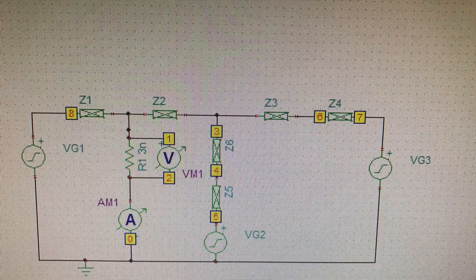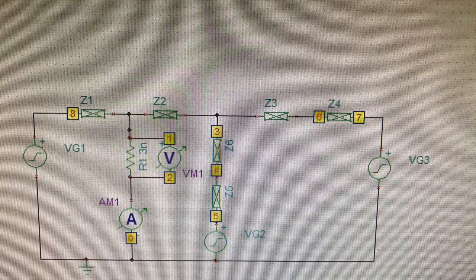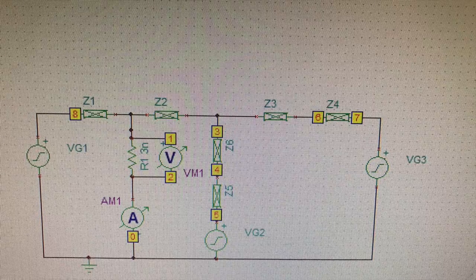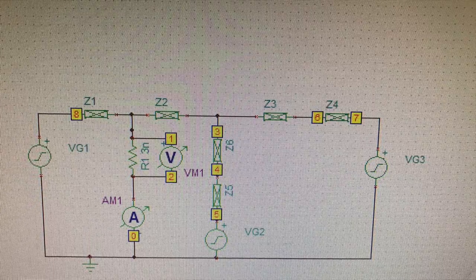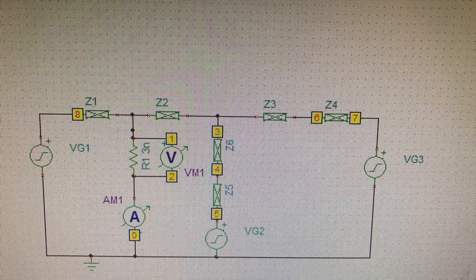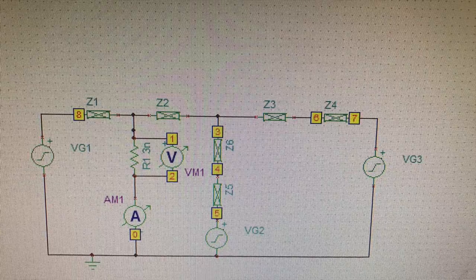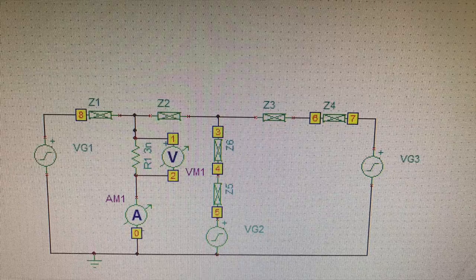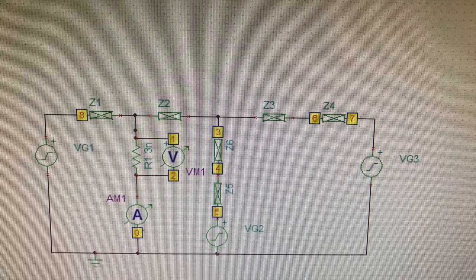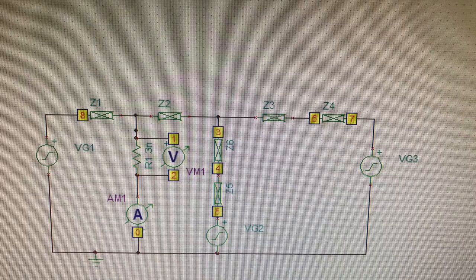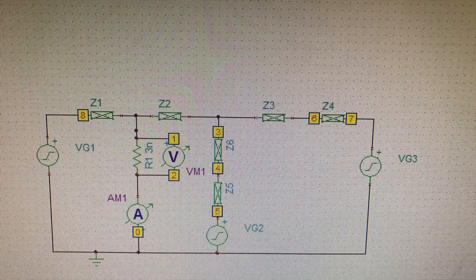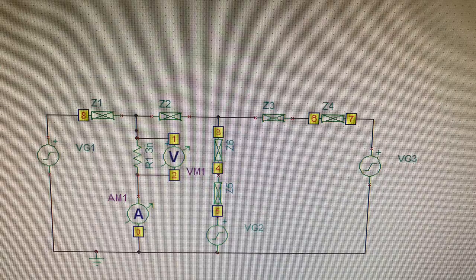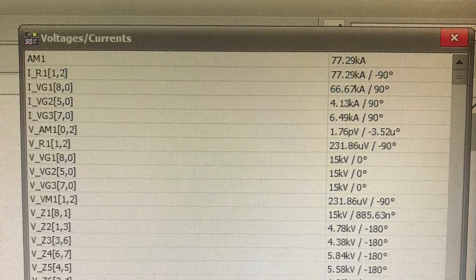So we did the same circuit, but now with the real value of the voltage sources and the real value of the impedances, because in the previous circuit we considered the system in per unit. In this one we un-unitize the system, and finally we get the subtraction current. As we can see, it is the same current that we calculated before.